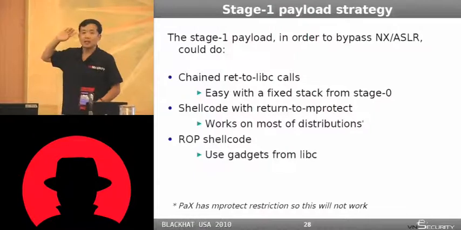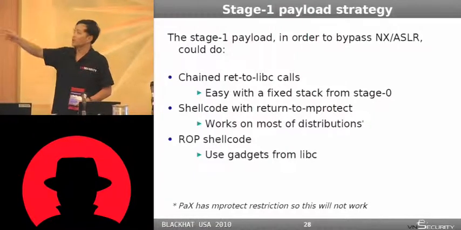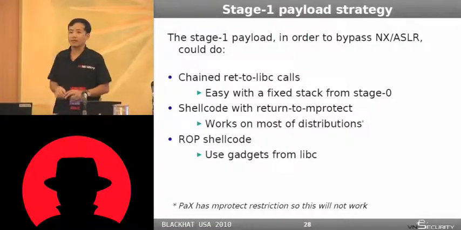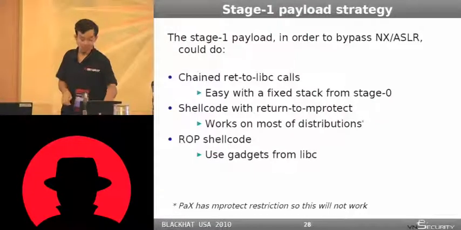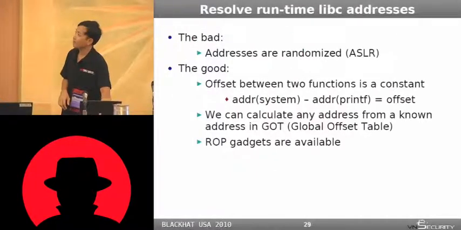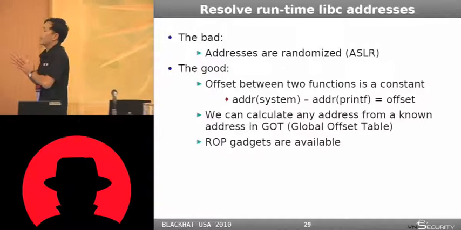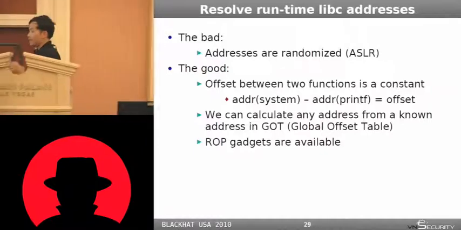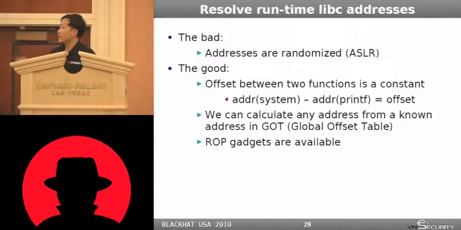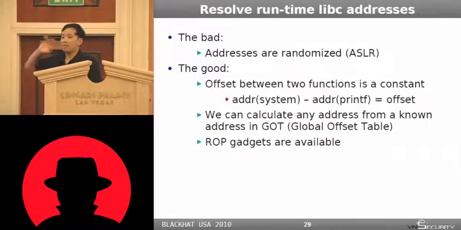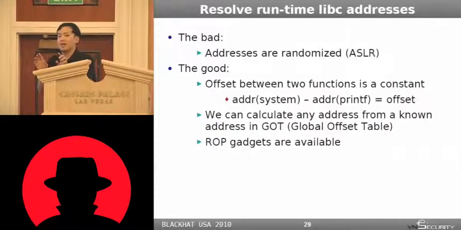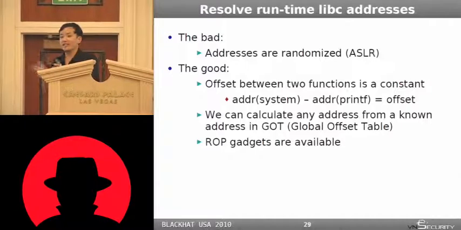So on this strategy, we have to resolve the libc address at runtime. The libc address is randomized, but the good news is the offset between two functions is always a constant, at runtime or statically by parsing the libc header.